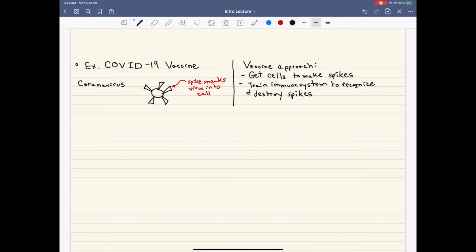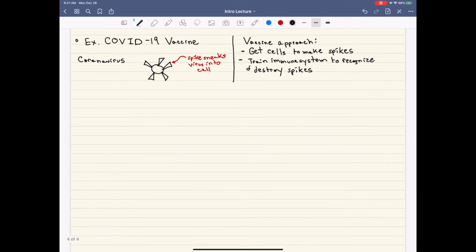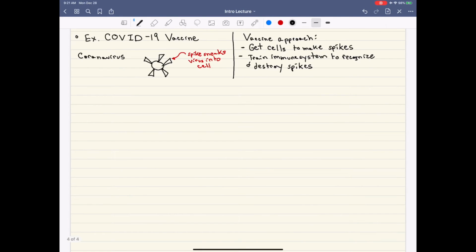Okay? And so that's the principle that the major COVID-19 vaccines work on. All right? And so what I want to focus on is the actual process involved in getting the body to make these spikes. Okay?